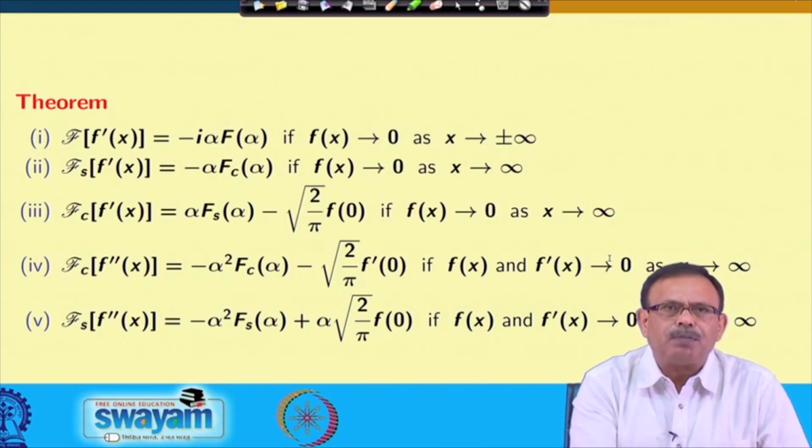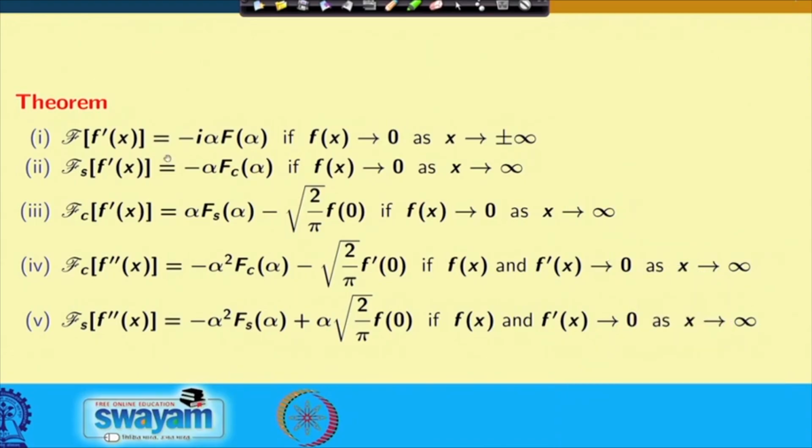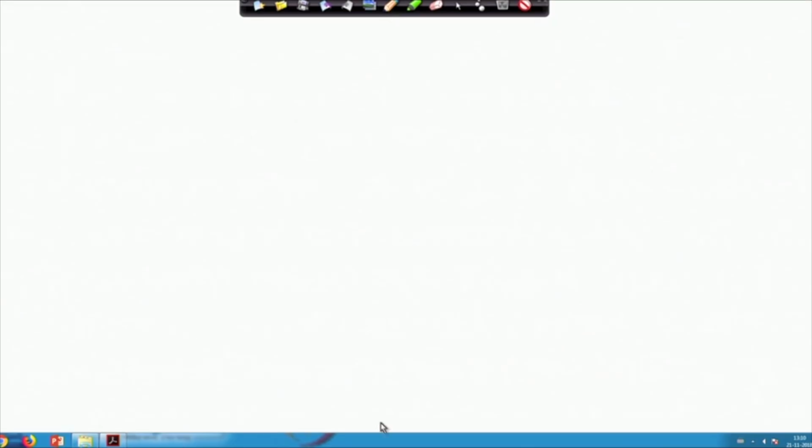First we have to prove that the Fourier transform of f'(x) equals minus i alpha into F(alpha), whenever f(x) approaches 0 as x approaches plus infinity or minus infinity.